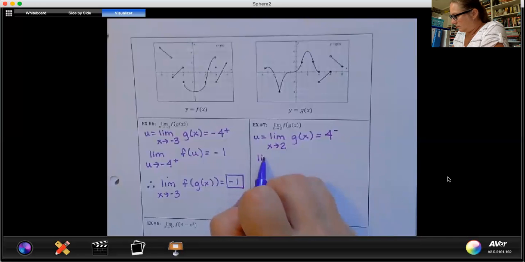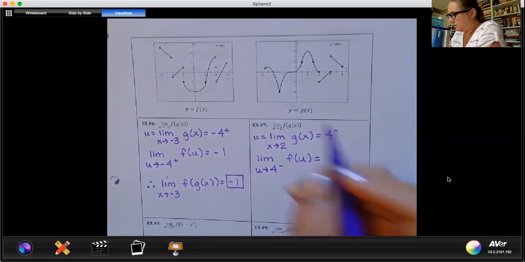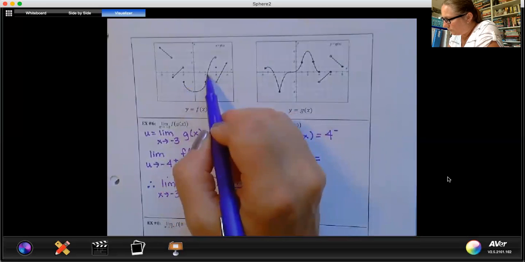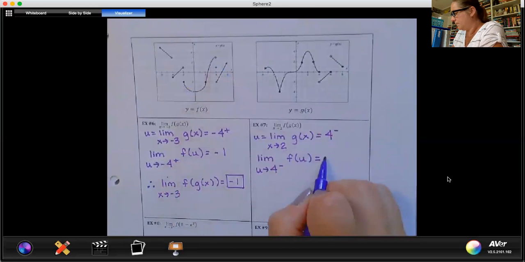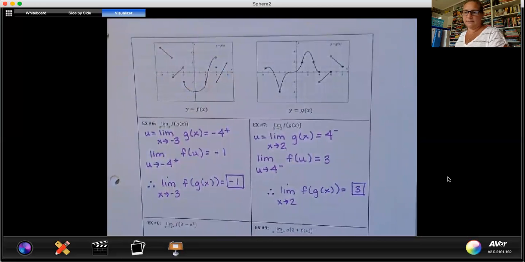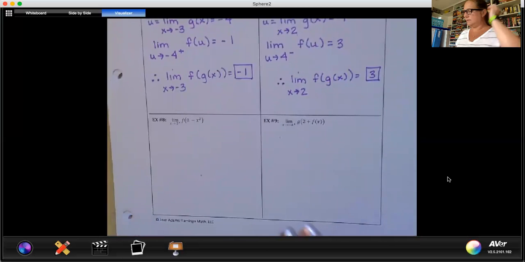The limit as u approaches 4 from below of the outer function f. 4 from the left would be 3. Therefore, the limit as x approaches 2 of f of g of x is equal to 3. Pretty straightforward problems there, 6 and 7. Little different here for 8 and 9.